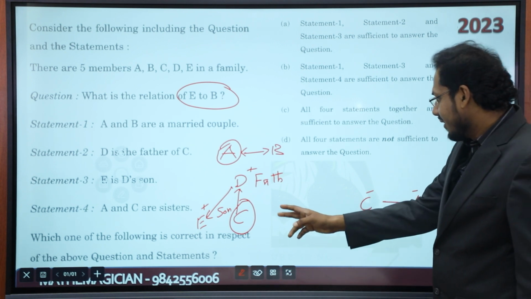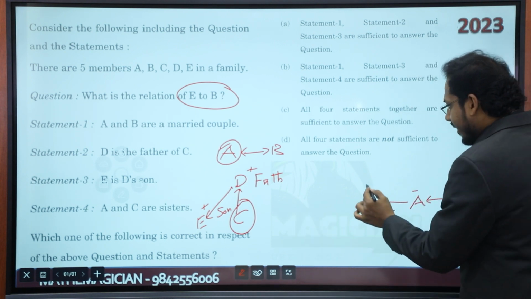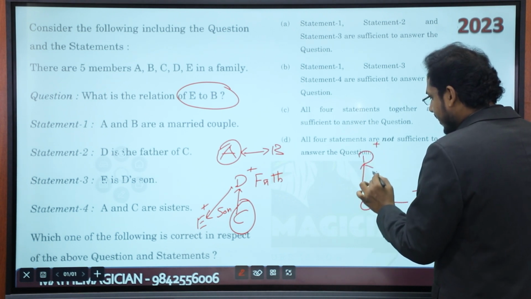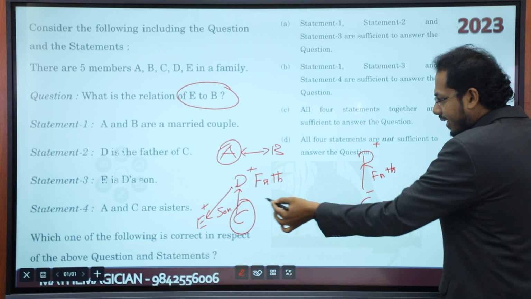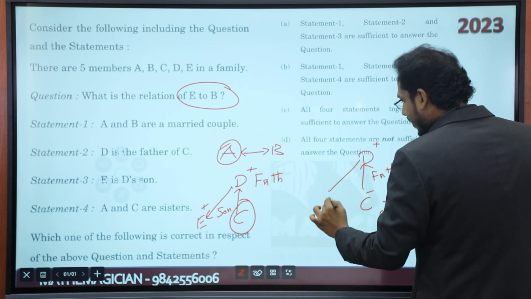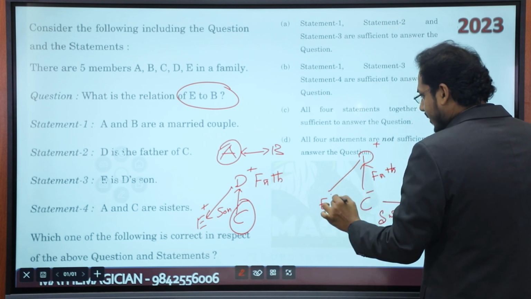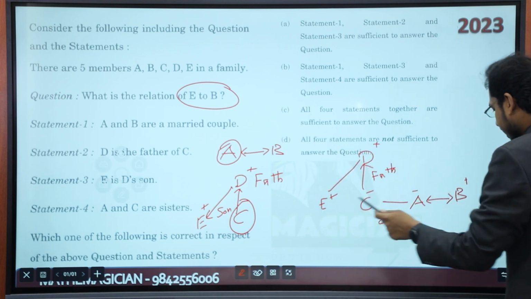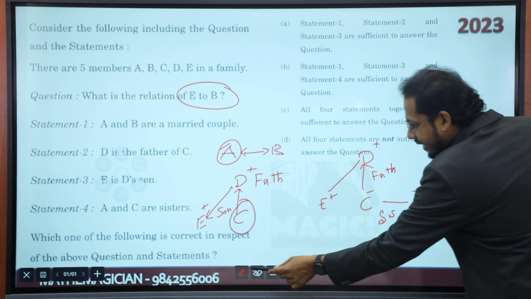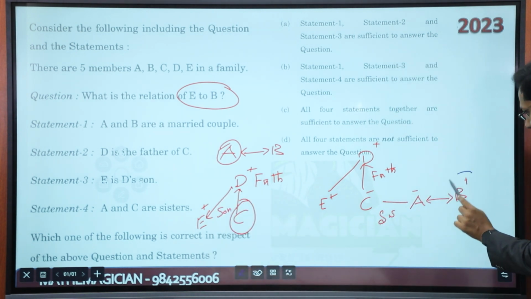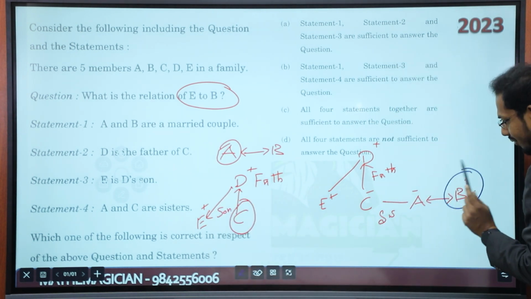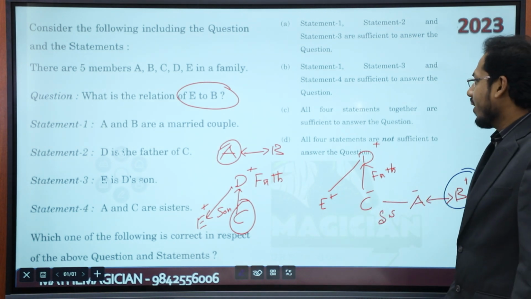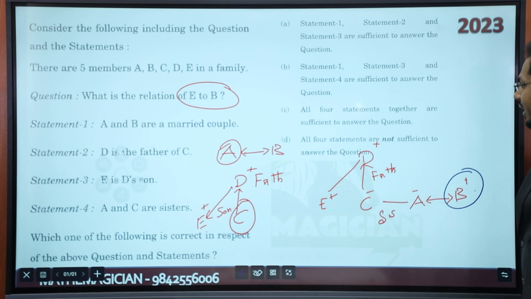Next, from C, father is D, and E is the son. So they are asking from E to B, so from B you need to check. B's wife, wife's brother, right? So wife's brother or wife's sister, likewise the answer will be.